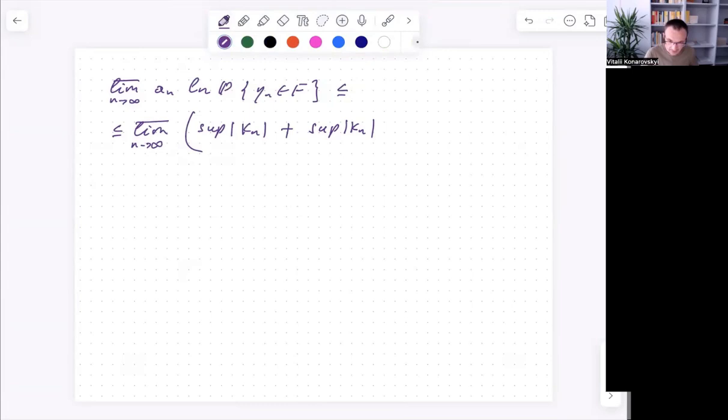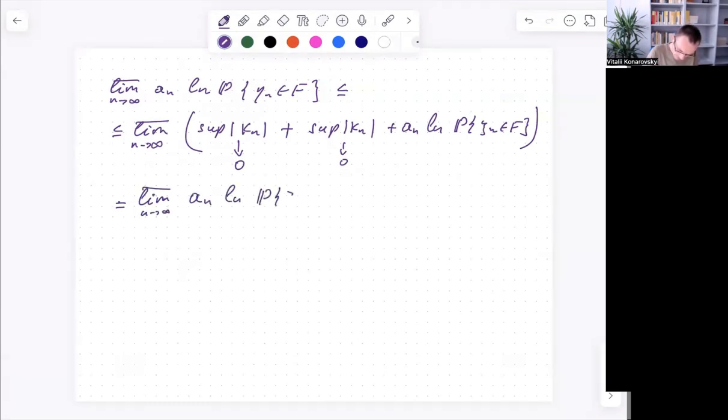We will write that it is plus a logarithm of the probability that psi n belongs to F. But now you see that these terms go to 0, and therefore that is equal to the limit as n goes to infinity of a_n logarithm of the probability that psi n belongs to F. But psi n satisfies the large deviation principle.